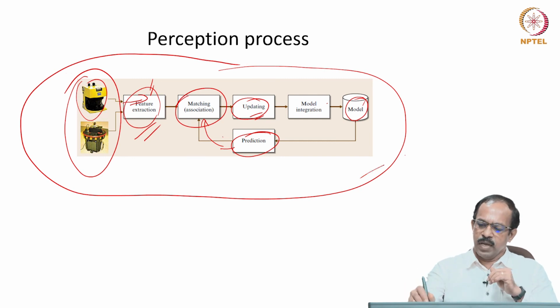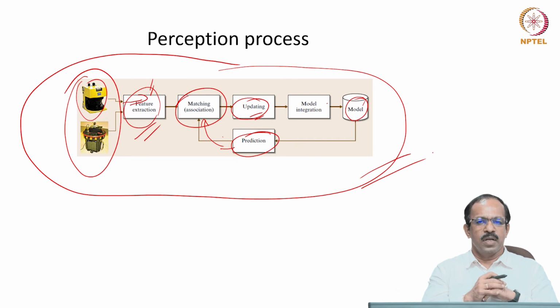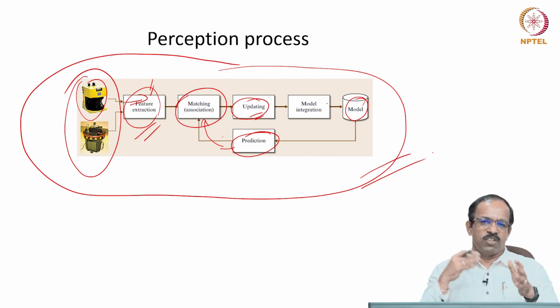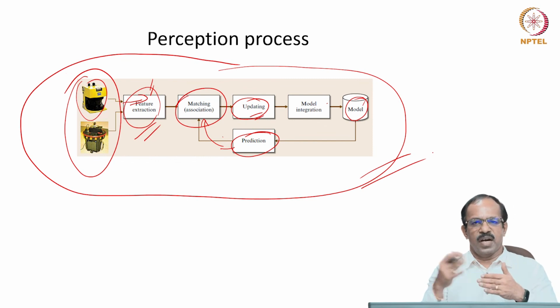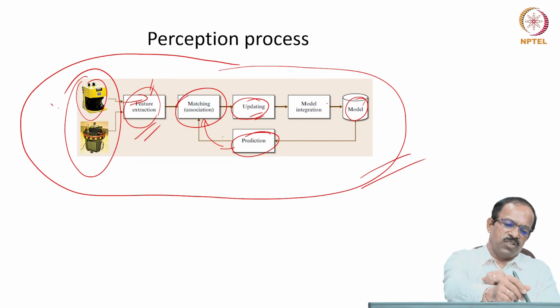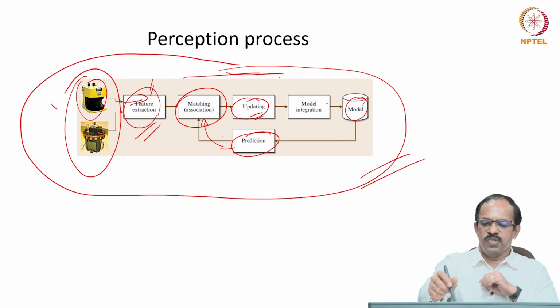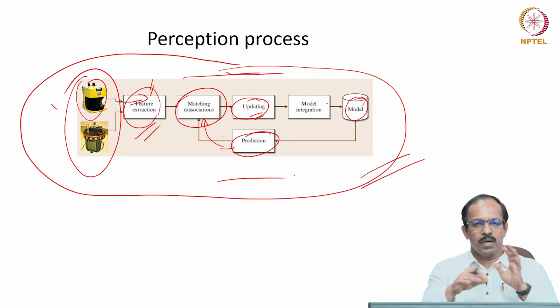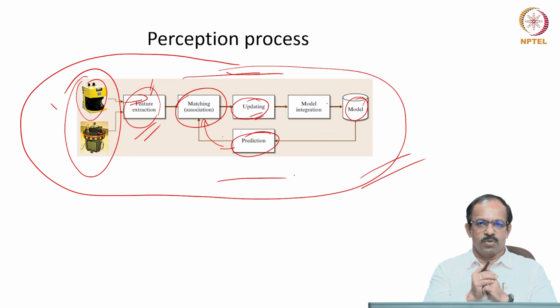So this process keeps happening in the robot in order for it to get a good perception of the surroundings, and that perception allows the robot to do its localization and all other activities. So the primary thing a robot needs is the perception of the environment, and that perception comes through sensors and then processing of this information, following the perception process.